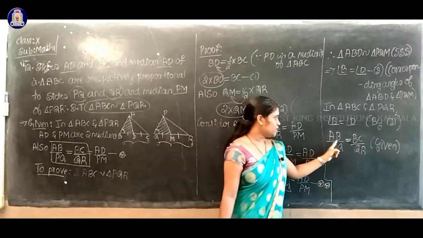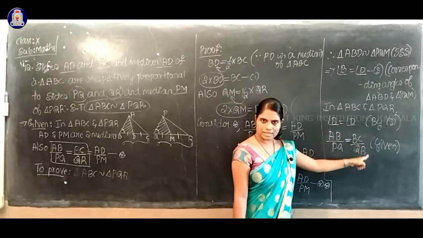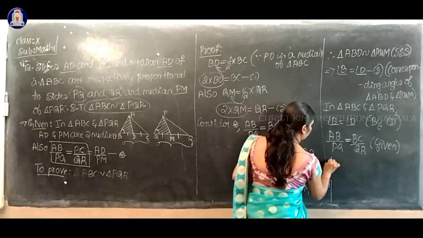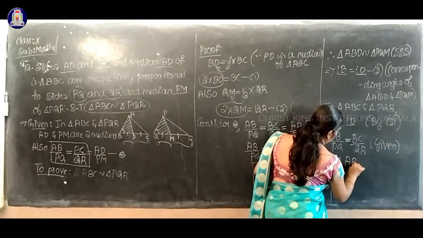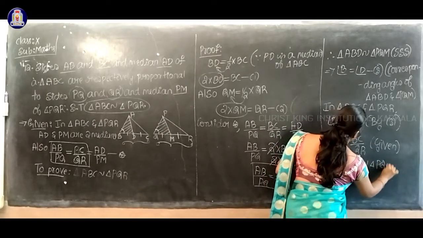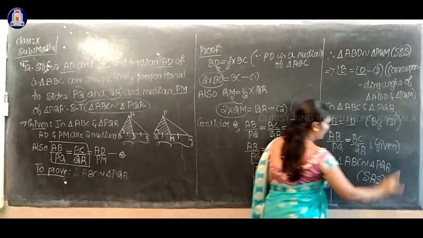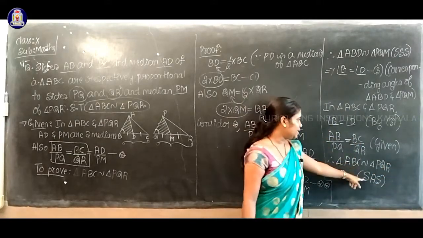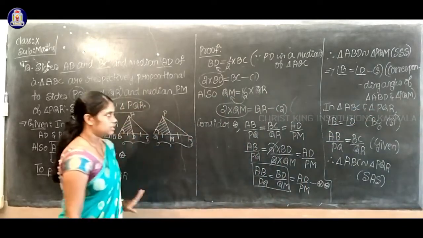Yes, by using side, angle, side. So therefore, triangle ABC is similar to triangle PQR by using SAS similarity criteria.